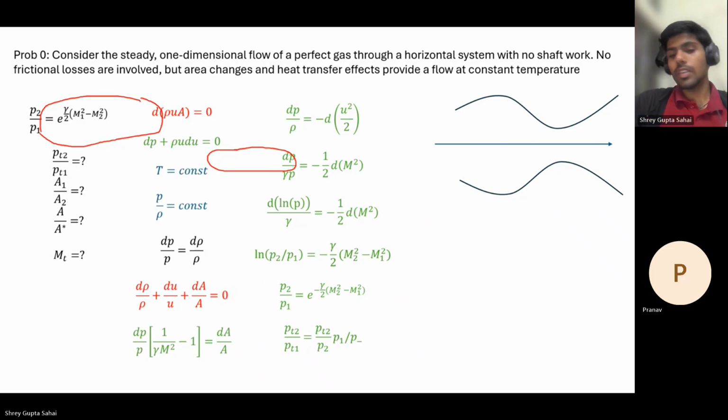One thing, Pranav, will you help me write the expressions for these three ratios? It's pretty straightforward, maybe not.